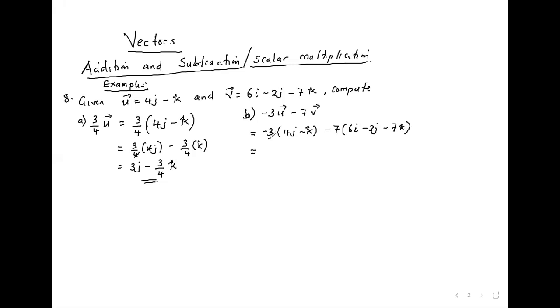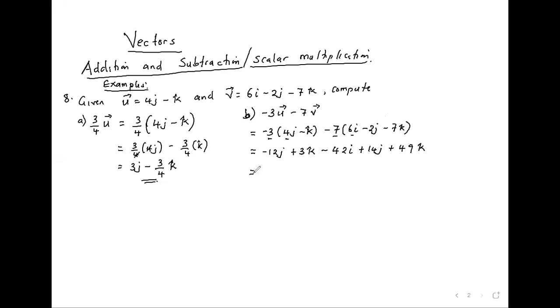You multiply negative 3 times 4, you get negative 12j; negative 3 times negative k, we have positive 3k; negative 7 times 6, we get negative 42i; negative 7 times negative 2, positive 14j; negative 7 times negative 7, positive 49k.